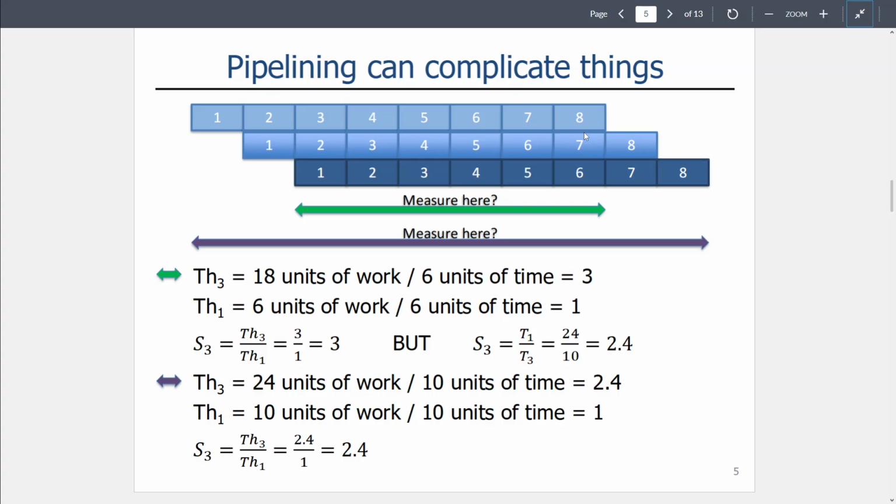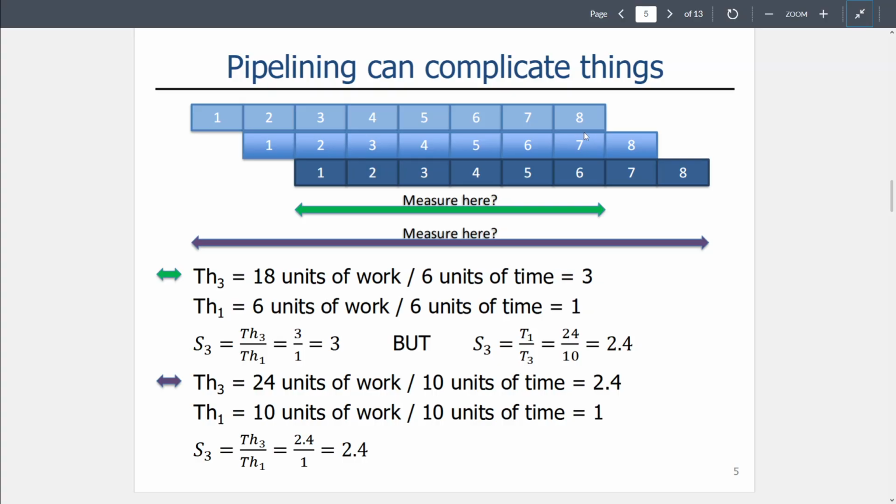I'm sorry, my bad. This is the sequential up here. 24 units of time to crunch all of these. Imagine them all stretched out in a straight line. I got my numerator and denominator flipped in my head because it's the end of the day. The sequential would be 24 because they would all be stretched out in a big single straight line, compared to the pipeline, where it's 10. 1, 2, 3, 4, 5, 6, 7, 8, 9, 10.